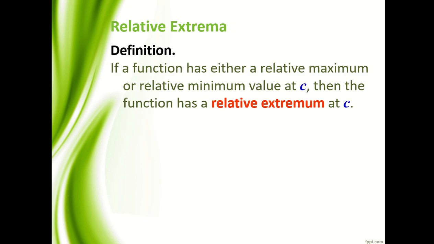Now, another definition: if a function has either a relative maximum or relative minimum value at c, then the function has a relative extremum at c. So we call it relative extremum.